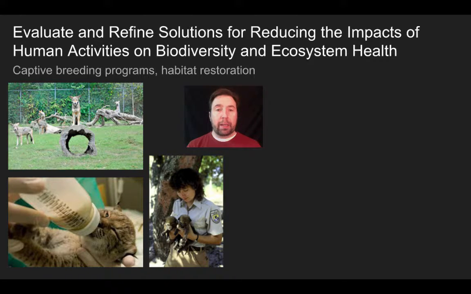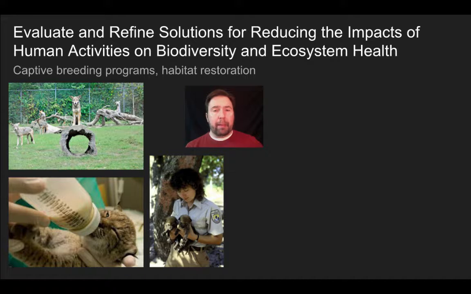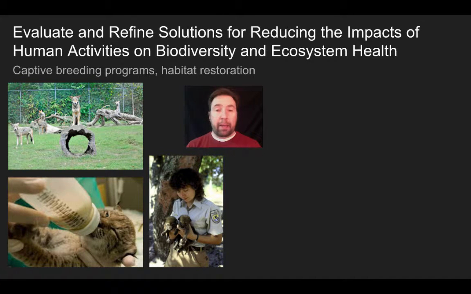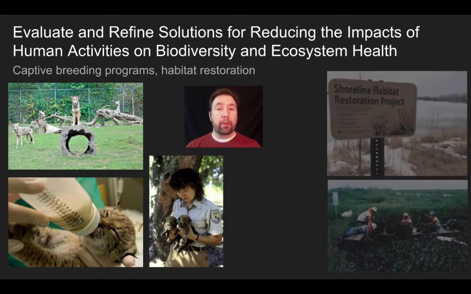And then we see some black-footed, I believe those are prairie dogs, that are being raised in captivity to be released back out into the wild to help bolster the wild populations. Now, these are organisms that were once more prevalent, and hopefully by undergoing captive breeding, we might be able to bolster numbers back to pre-disturbance levels.